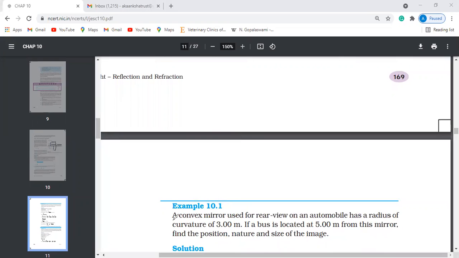See, first one: a convex mirror used for rear view on automobiles has a radius of curvature of 3 meter. What is the radius of curvature, and how can we represent it? Tell me whether it is positive or negative. Type it on the chat box.